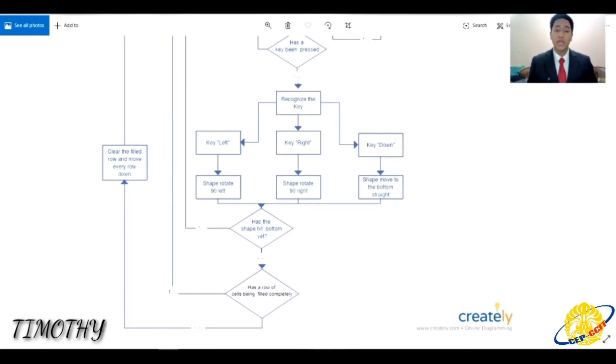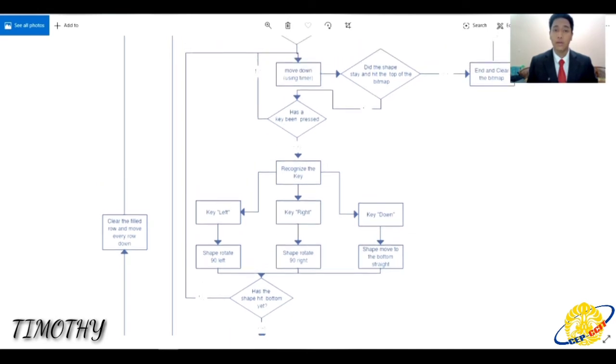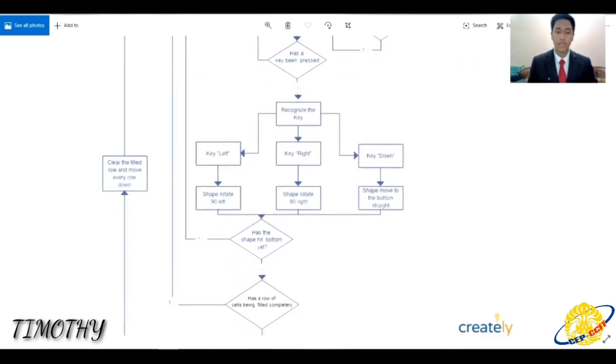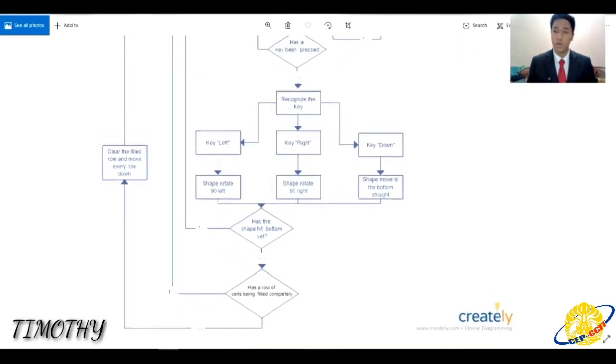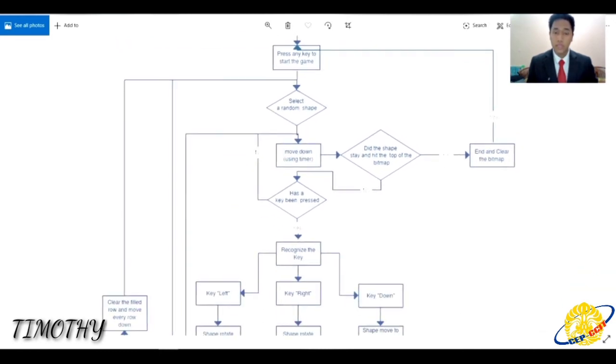If yes, the program will ask, has a row of cells been completely filled? If yes, then the program will clear the filled row and move every row one down. If there are no completely filled cells, the program will loop up to randomly appearing a random shape.